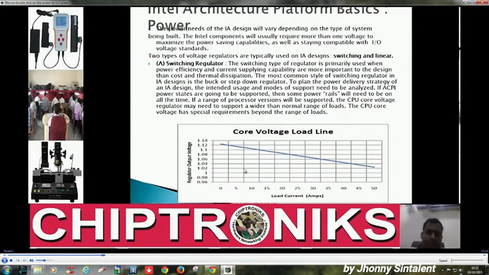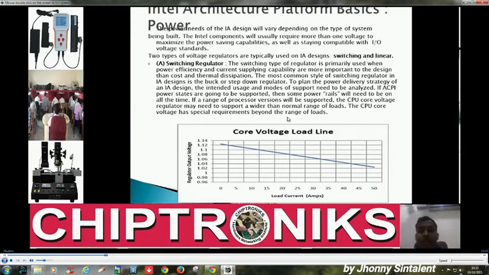And there is one special requirement for CPU core voltages, because you see in this diagram, as the load current increases, the core voltage has to go down. This is the CPU voltage load line, that is the VRM. The regulator that supplies the core voltages has to adapt to this scenario, because the CPU core voltage regulator is different from other voltage regulators. How is it different?